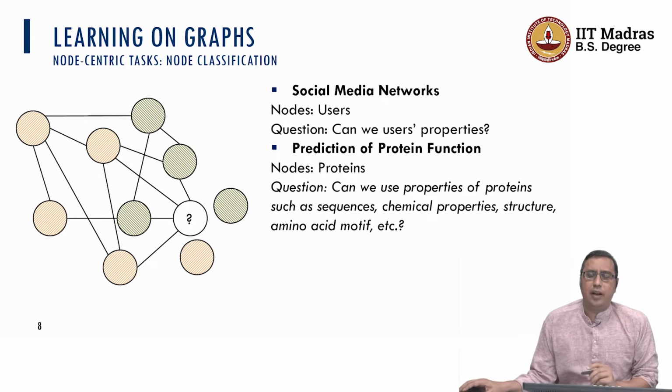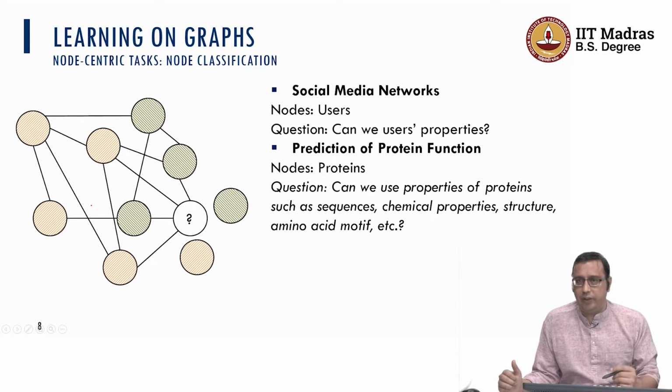And this particular kind of task is prevalent in biology where we want to assign a protein a function. In that case each node will be a protein and there are interactions going on, which are called protein-protein interactions. Now I have a new protein and I don't know what its role is in any function, and I want to assign that.